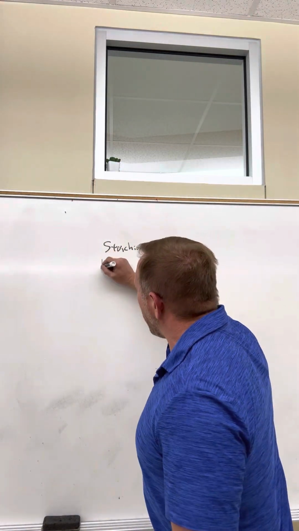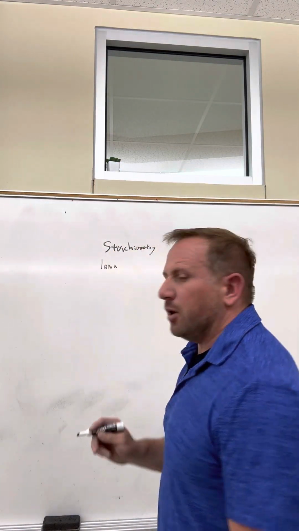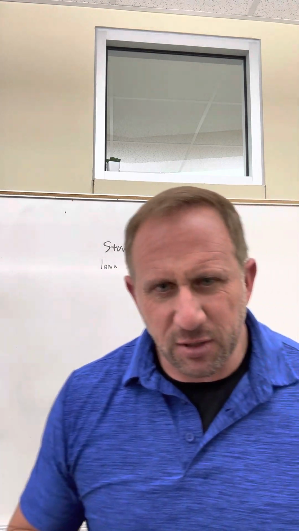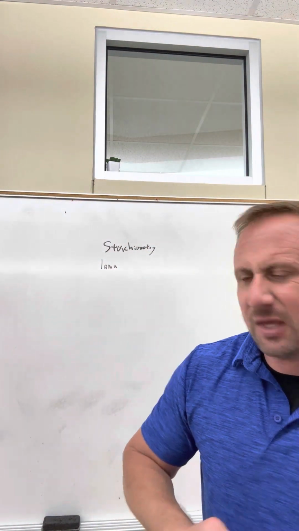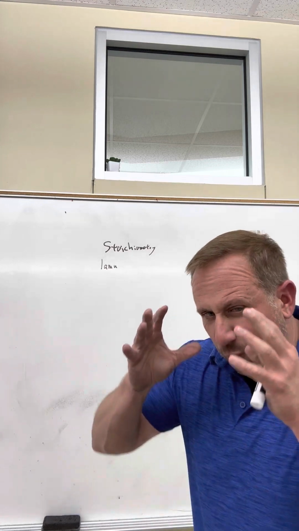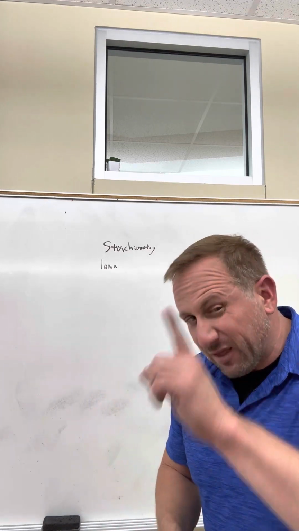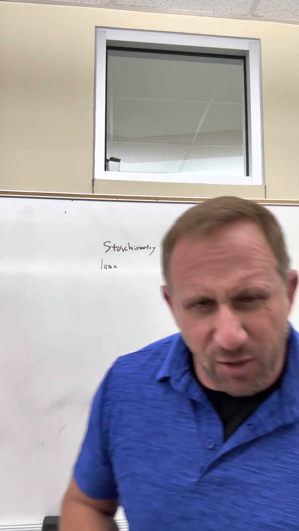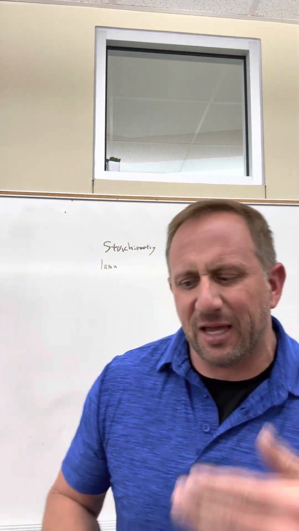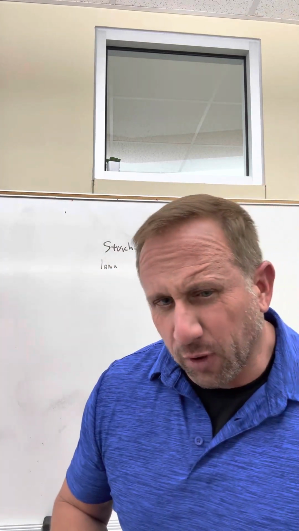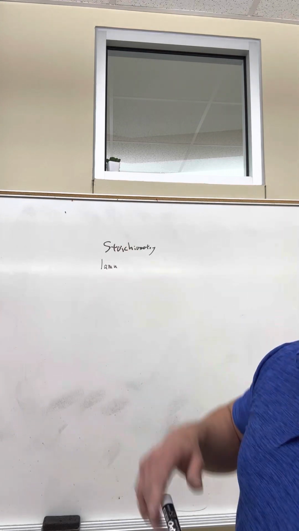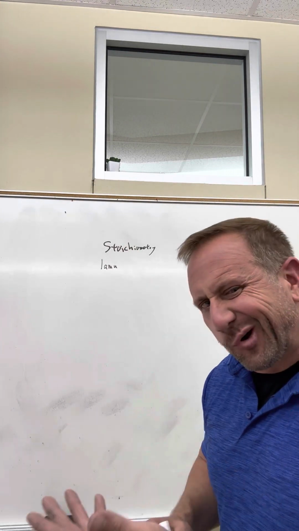It all comes back down to this idea of 1 AMU, 1 atomic mass unit. 1 atomic mass unit is the amount of weight that we have given for a single proton. So a single proton weighs 1 AMU. Therefore, we would look at carbon. Carbon with 6 protons.